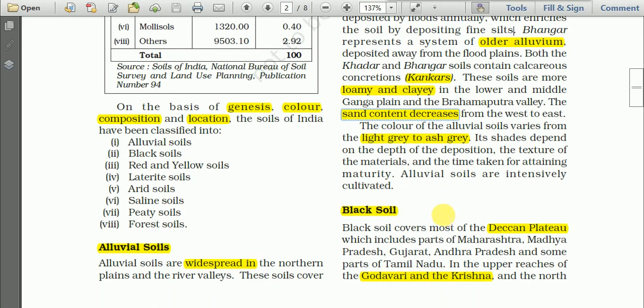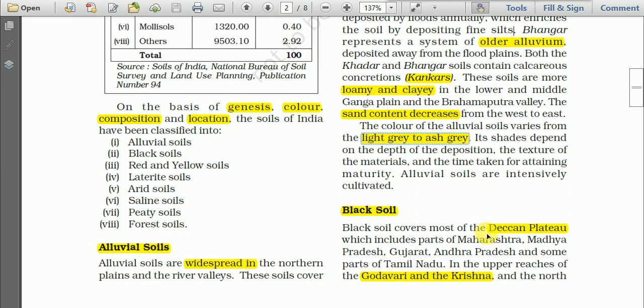And about the color of the alluvial soil, alluvial soils vary from light gray to ash gray, and this depends on the depth of the deposition, the texture of the material, and the time taken for attaining maturity. And you know, alluvial soils are intensively cultivated in northern India.